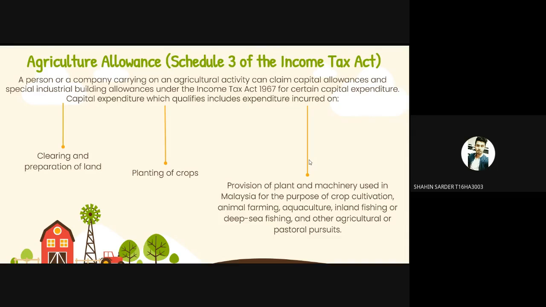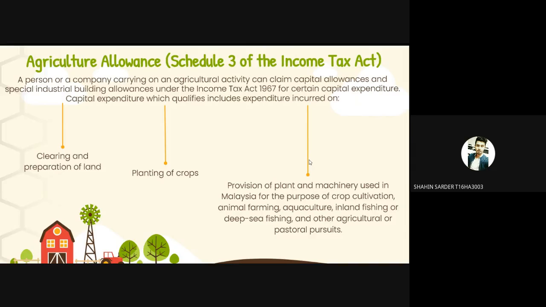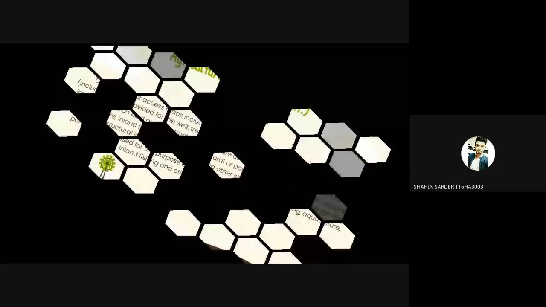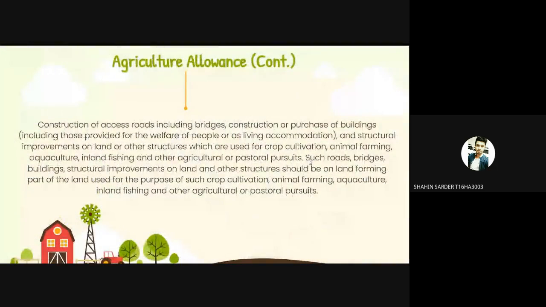Postal pursuits means horse and related things. Another one is construction of access roads, including bridges, construction or purchase of buildings.